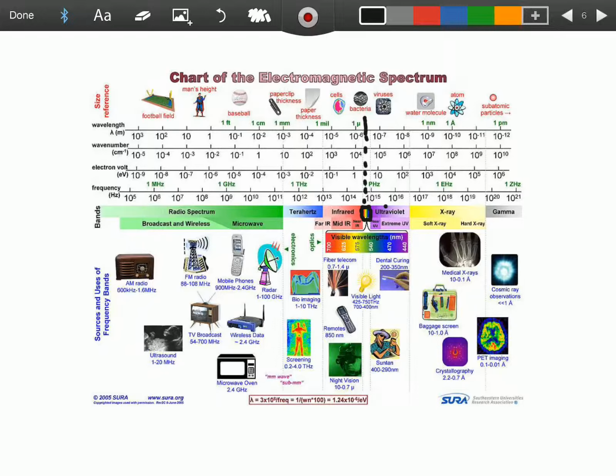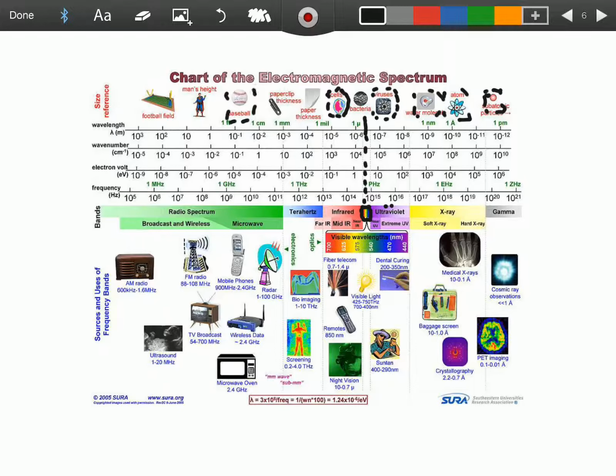And then as we get smaller, ultraviolet wavelengths are the size of viruses. X-rays are down here the size of individual molecules, atoms, and then gamma rays, you're looking at the size of subatomic particles, okay? But if we go the other direction getting larger, infrared light is about the size of cells.